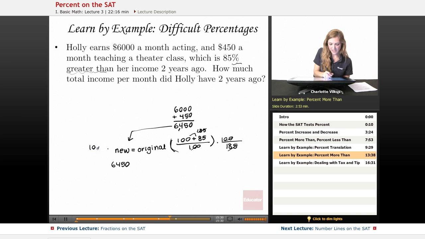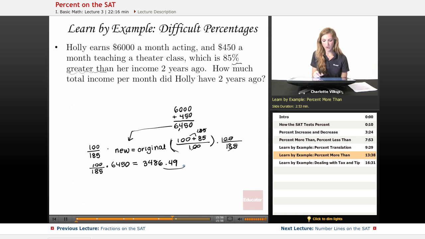We multiply the other side by the same thing, and we end up with the original amount equaling the product of these two numbers, which is 3,486 and 49 cents. So if they asked us to round, we would go ahead and round down to just $3,486. Otherwise, we could keep it at this amount.